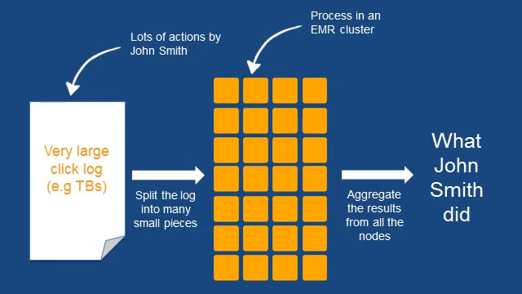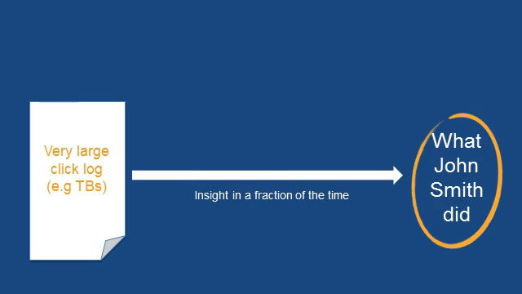So by achieving that sort of parallelization effect, you can process that data much more quickly than you can with a small cluster or even with a traditional sort of single powerful machine approach, and you can get your insights a lot more quickly. And it's particularly useful for integrating that sort of analytics process into some sort of regular batch or workflow-based task where you want to scale up and scale down, or scale in and scale out, I should say, the computing and processing resources that you're going to throw at the challenge in order to reduce the time that it takes you to get insight from your data.